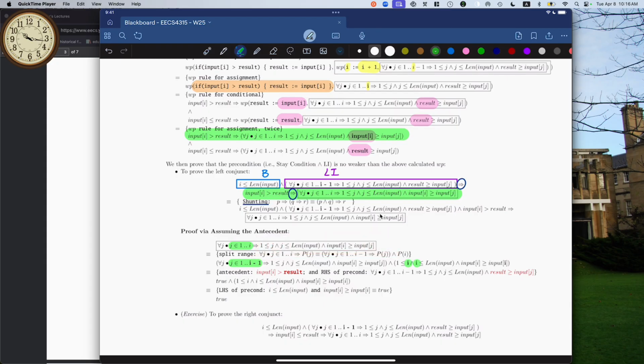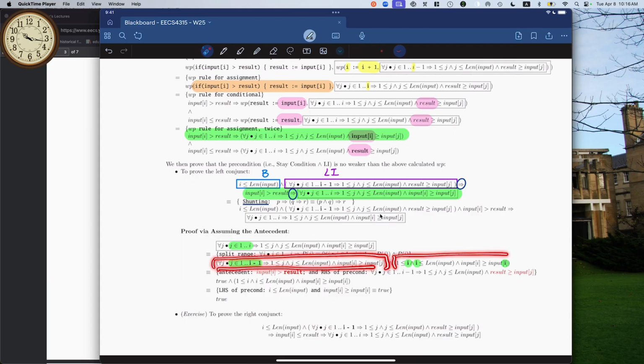So we can split this single expression into two. Number 1 corresponds to 1 until I minus 1 inclusively, and number 2 just corresponds to I. We split them and prove them separately.